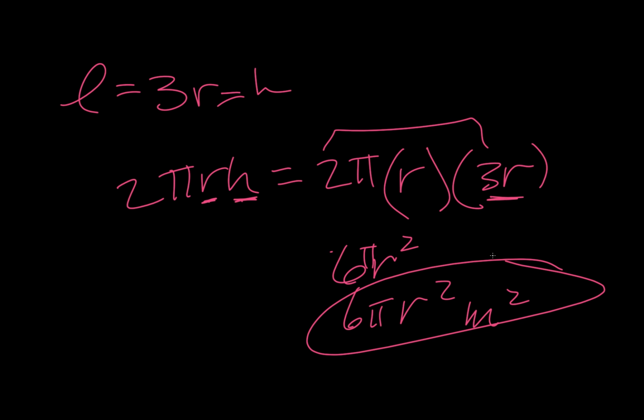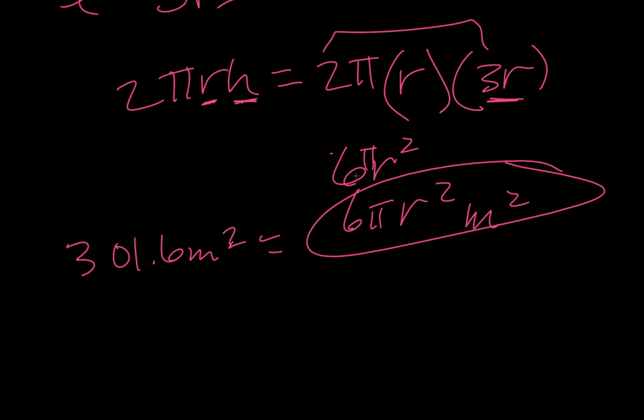Now part B says if the outer surface area is 301.6 meters squared, find the radius of the pipe. Okay, so it's saying if this expression equals this, what is the radius? So essentially just set it equal and solve for r.